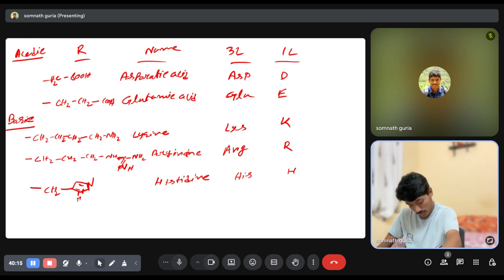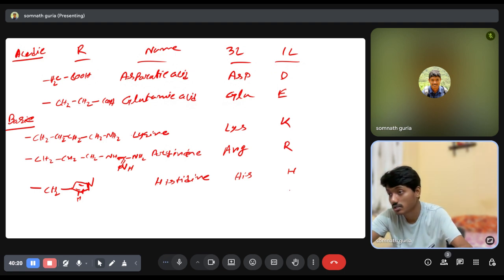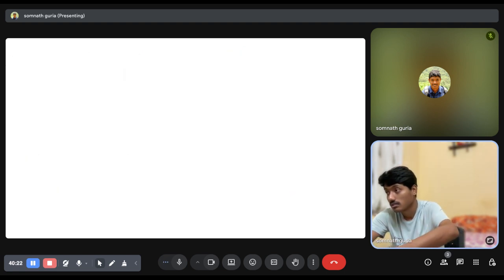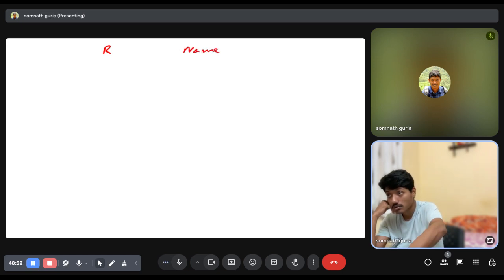Now we have four other amino acids. Names, three letter code, one letter code.